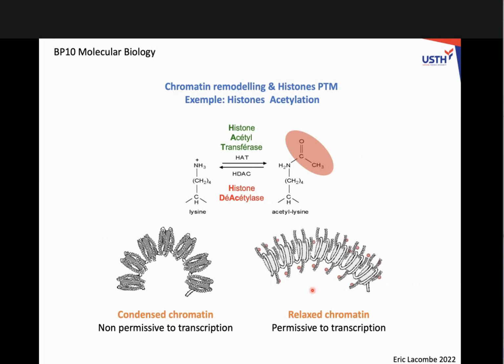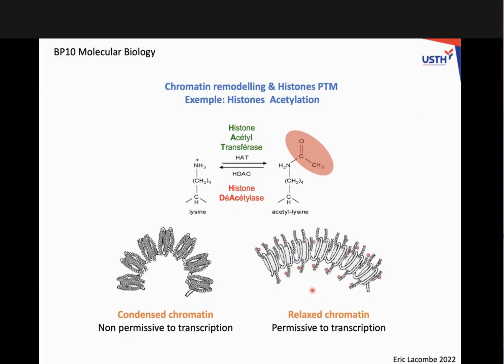It's okay? So it means that for activation of the gene, the canonical concept is that to activate a gene, you need to have specific transcription factors so it can start. But it's not only this. It is true, completely true, but it's not only this. To activate a gene, you also need to have the gene accessible.